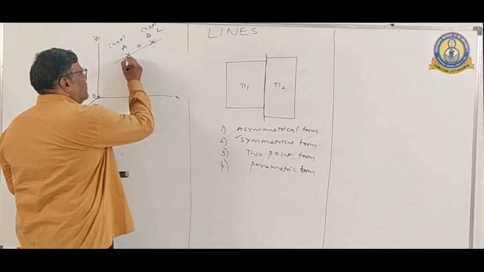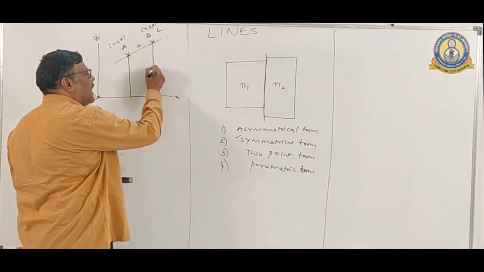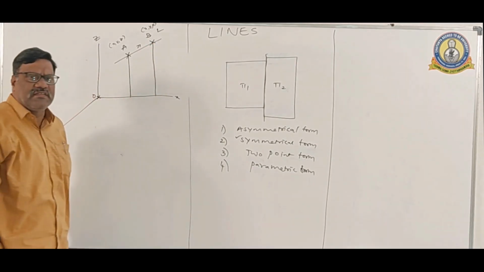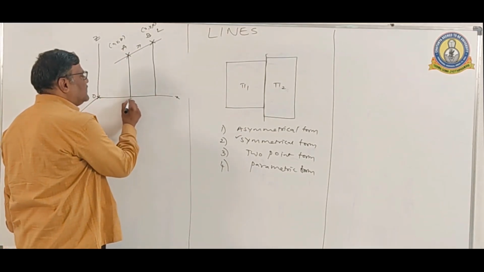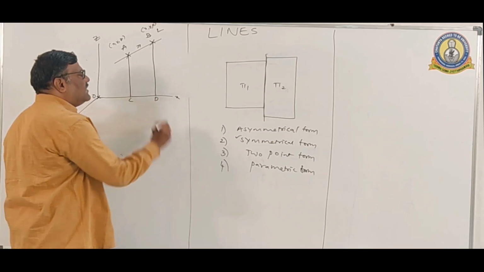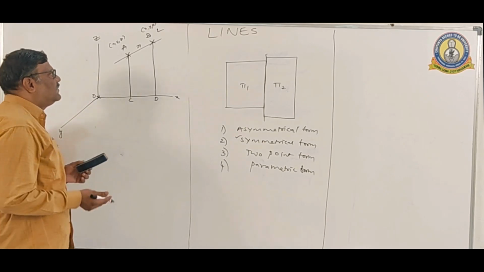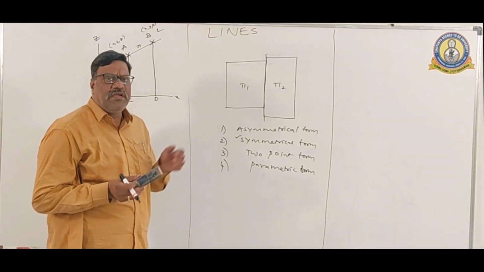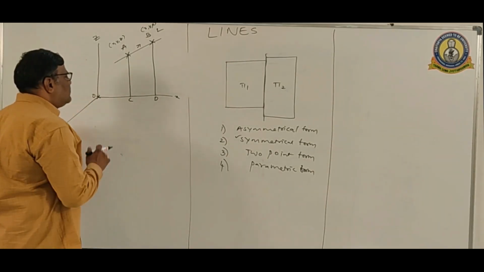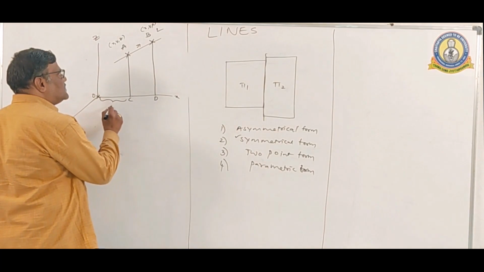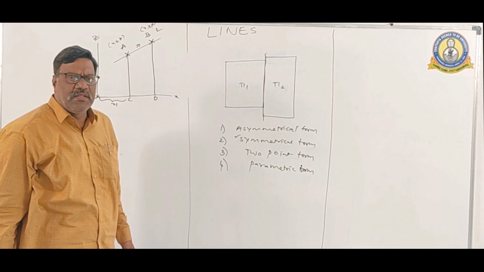From A I am drawing one perpendicular line to the x-axis and from B also I am drawing one perpendicular line to the x-axis. Let us assume that these two perpendicular lines meet the x-axis at the two points C and D. As you know, in the principle of identification of the coordinates of a point on any axis, the distance between O and C is x1 because the coordinates of A are x1, y1, z1.